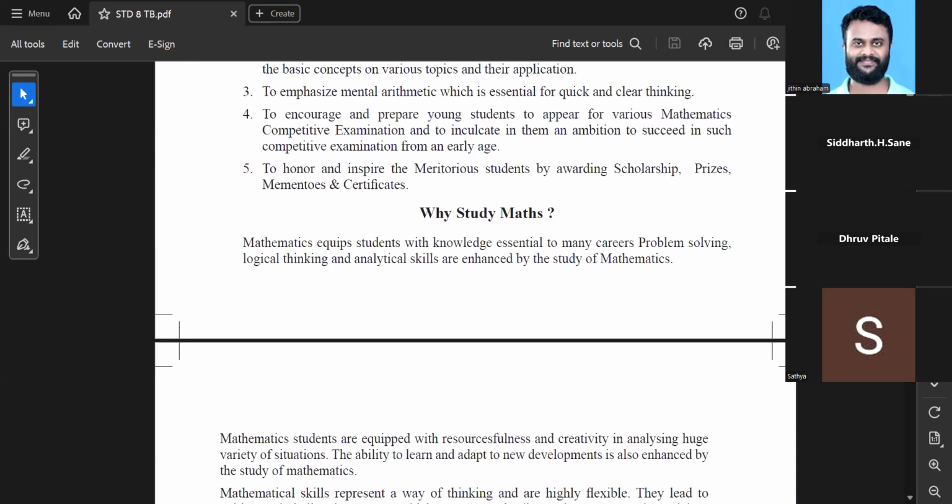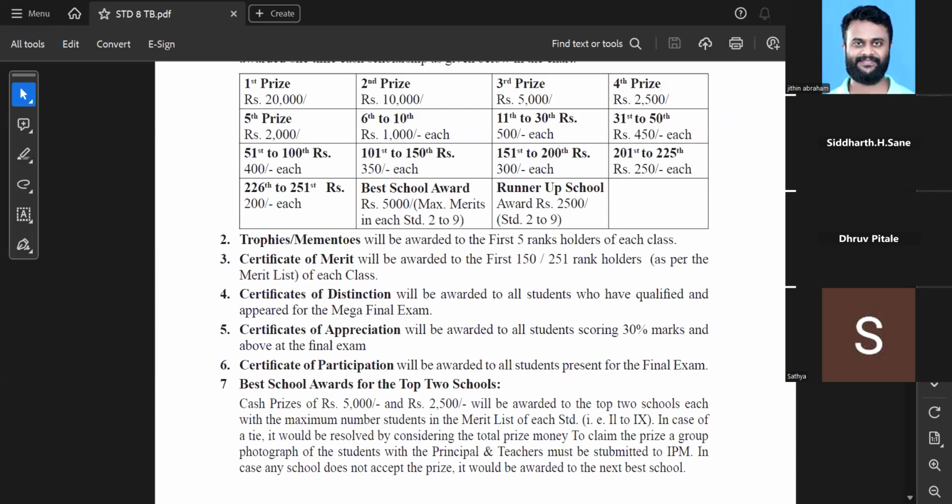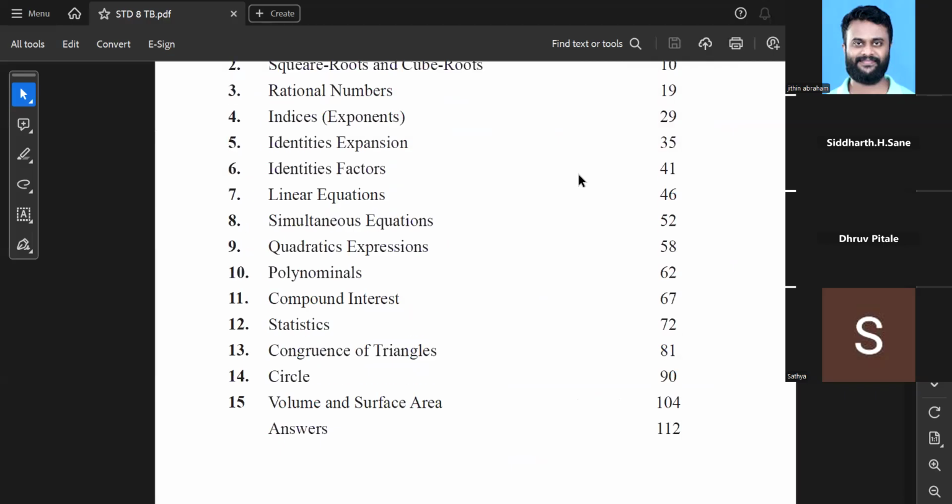I told you that I'll be continuing the chapter after a while because I felt that we will have to complete a couple of chapters before we go into that particular chapter. So that's why I'm doing linear equations first. And we'll be dealing with equations a little bit and then we'll be going towards the identities, factors, identities, expansion, and so on. Let me just open it.